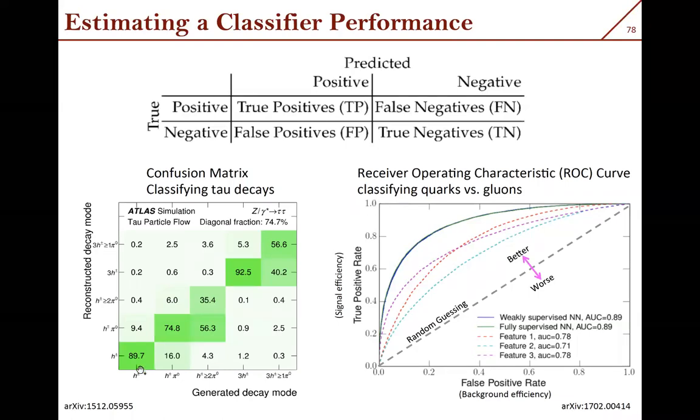That's like what I said earlier: getting 100% matching between generation and reconstruction decay mode is never going to happen. So here, what you see is different kinds of implementations of your neural network, like for example the feature variables that you have.